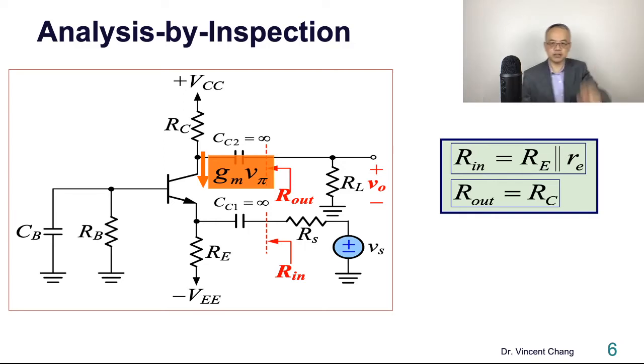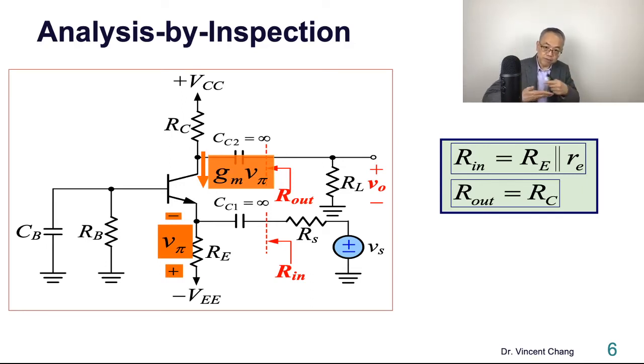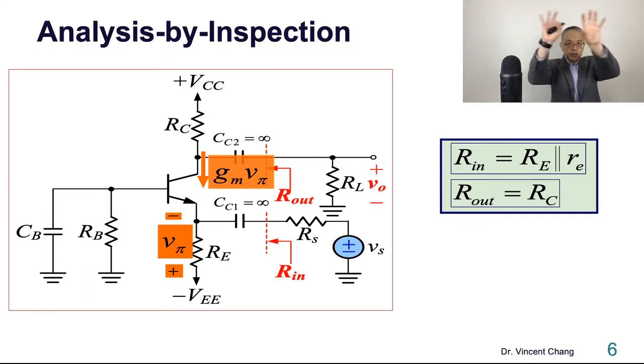Here's V pi. Ground, common base, grounded base. So what's V pi over Vs? It's the ratio, the divider, the dividing ratio between Rin and Rs. So V pi over Vs has Rin in the numerator divided by Rin plus Rs.